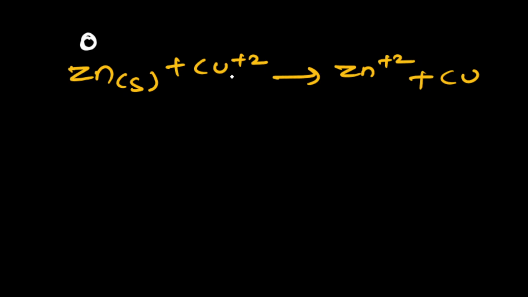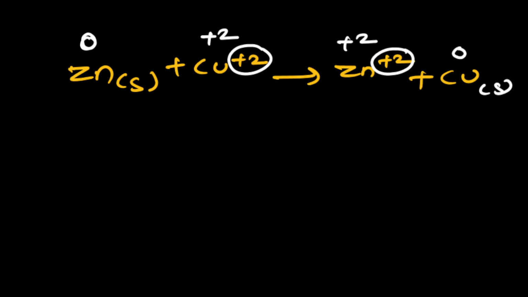Here the copper is present in the plus 2 oxidation state. Then the zinc is present in the plus 2 oxidation state, and the copper is present in its native state, which is 0. This is aqueous.